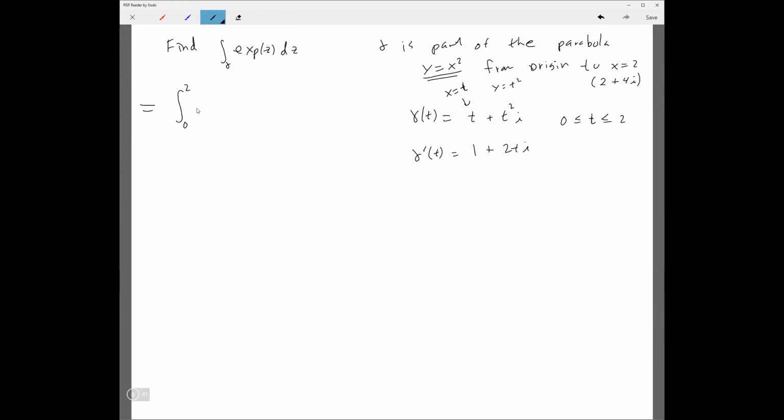Here we're going to have the exponential of t plus t squared i, and then multiply by the derivative, which is 1 plus 2ti, dt. So the dz gets replaced by this times dt. Okay, and then everywhere that you see a z gets replaced by this. Hopefully that's pretty straightforward for you guys.